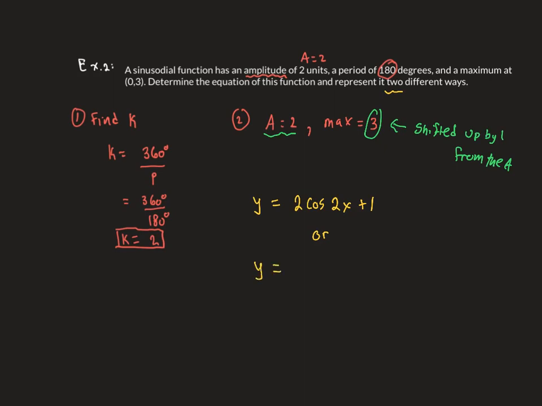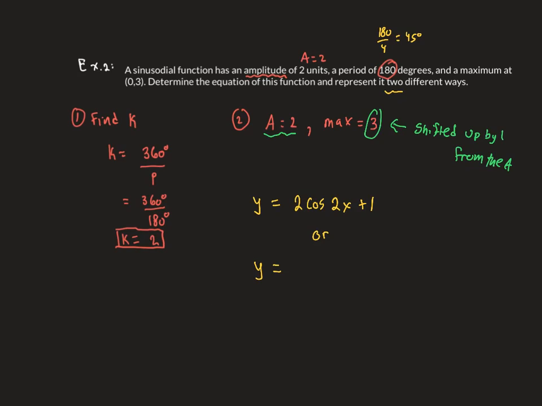Now remember, standardly, whenever you're making these graphs, you're usually going up to 360 degrees, or in this case, 180 degrees. So 180 degrees divided by 4 is 45.